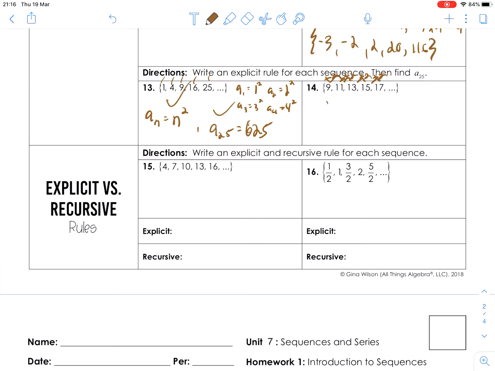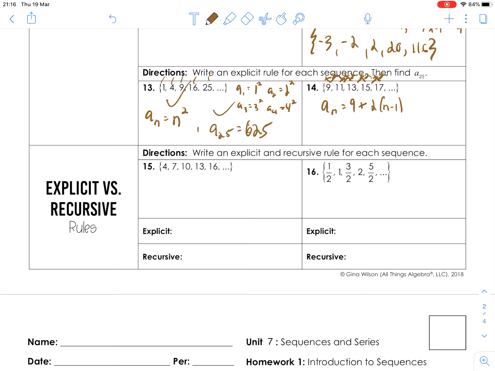Okay, so we need our first term. So let's say our first term is 9, and then it's going to be whatever the first term is plus 2? No. It's going to be the first term plus whatever the difference is times the previous term number.